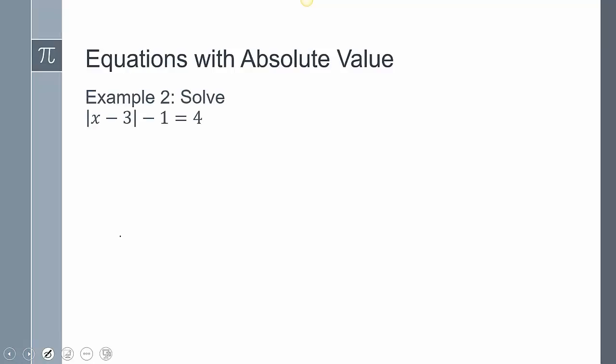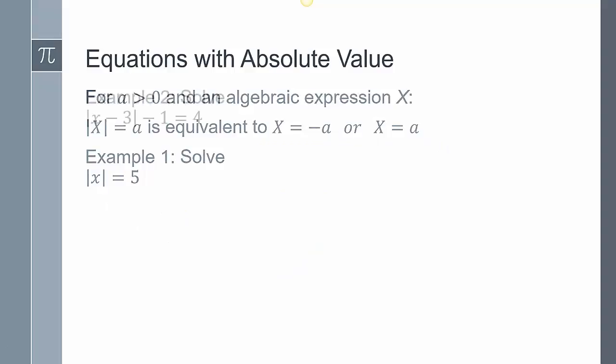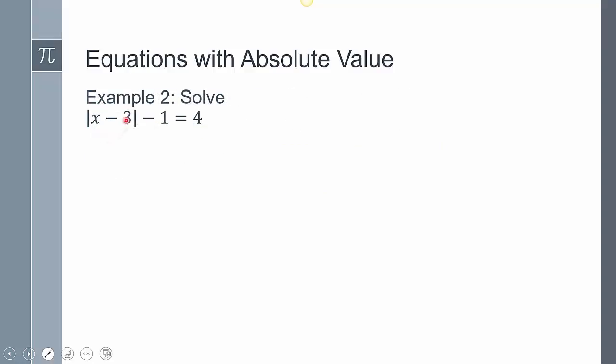Example number 2. The definition says that the expression inside the absolute value is by itself. It is isolated. So going forward, we have to make sure that the absolute value is isolated. So I want to add the 1 to both sides, and I get the absolute value of x minus 3 equals 5.